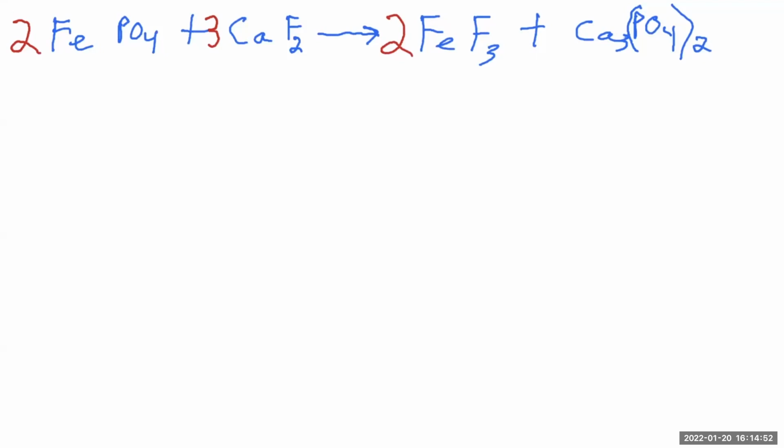It says, how many grams of calcium phosphate will form? So we want to know this. This is our question, in grams. And it will form if 347.0 grams of iron 3 phosphate is mixed with 285 grams of calcium fluoride.